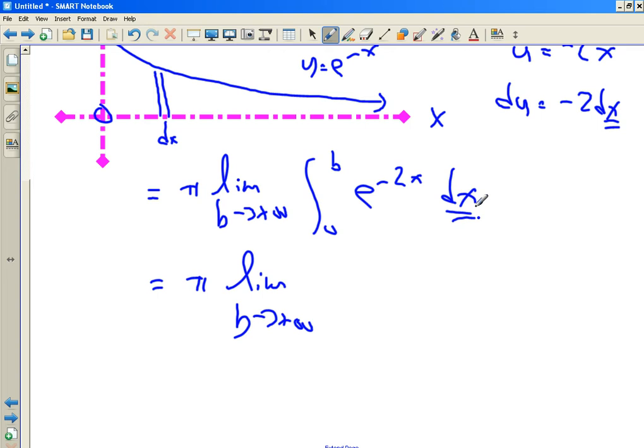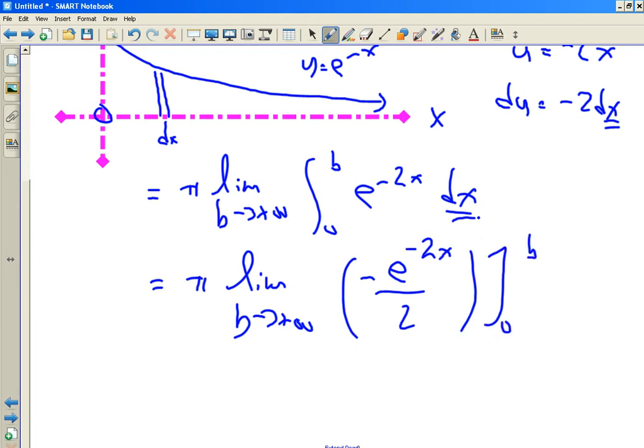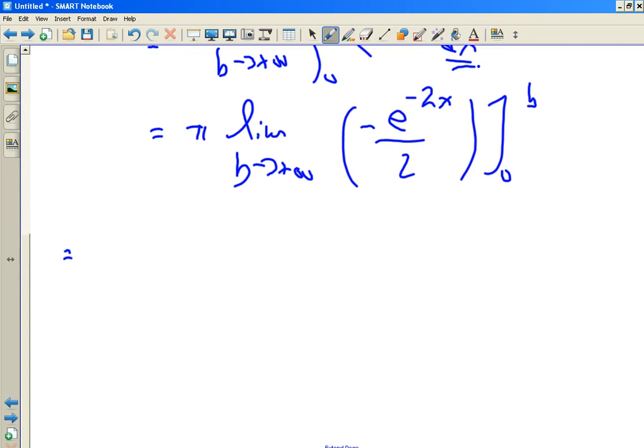How do you integrate e to the u du? It's e to the u. So it's negative 1/2 e to the u. But u is negative 2x, isn't it? And we're evaluating this from 0 to b. All right. So let's do it. Pi times the limit.